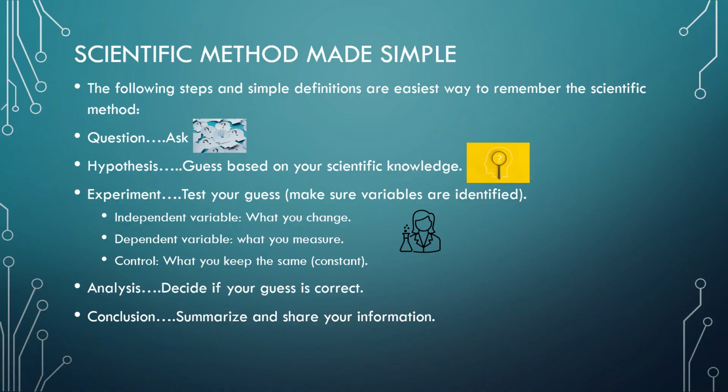Then you go ahead and do your testing. When you test your guess, you make sure that you identify your variables, which is the independent variable, which is what you don't change. Your dependent variable is what you are measuring, and your control is what you keep constant throughout your testing.